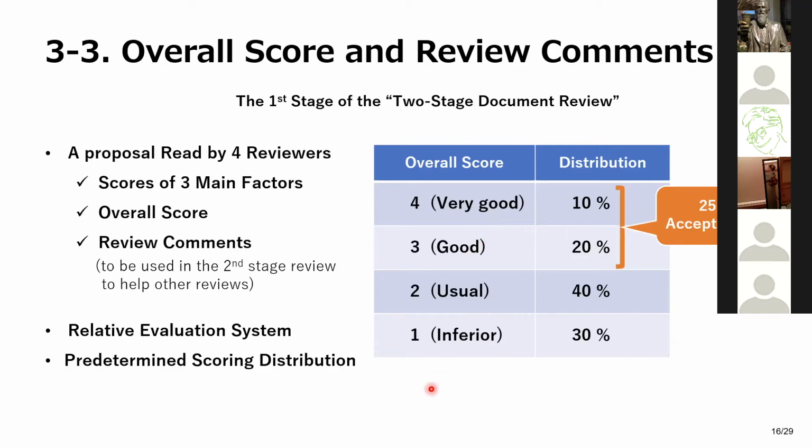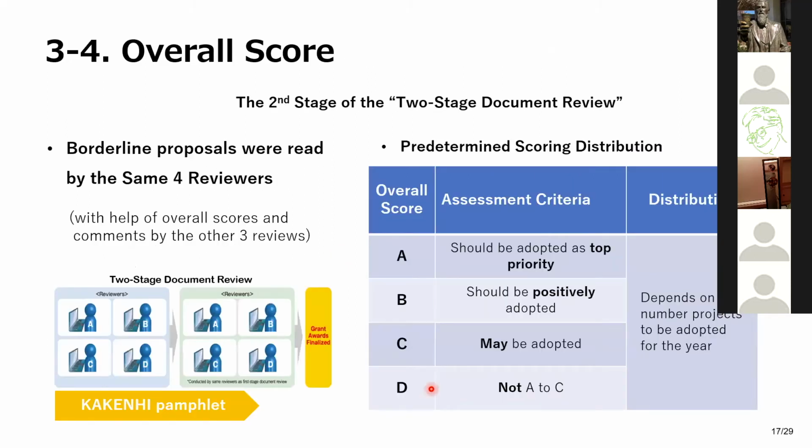Among the proposals, those around borderline go to the second stage review. They are reviewed by the same 4 reviewers. Again, the scoring distribution is predetermined.